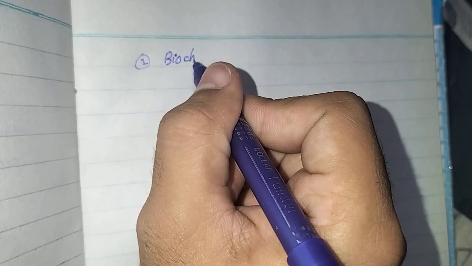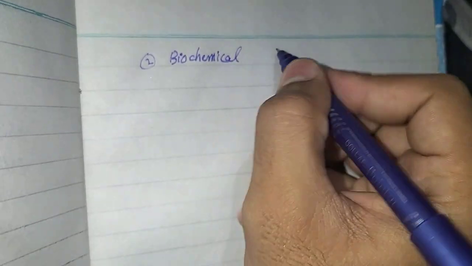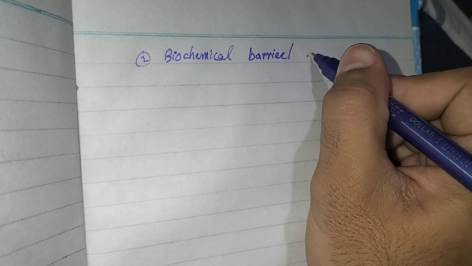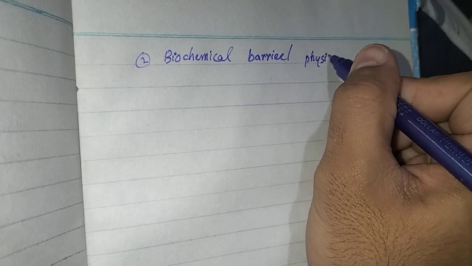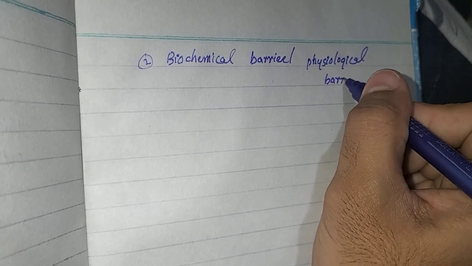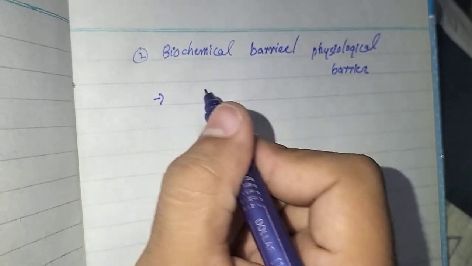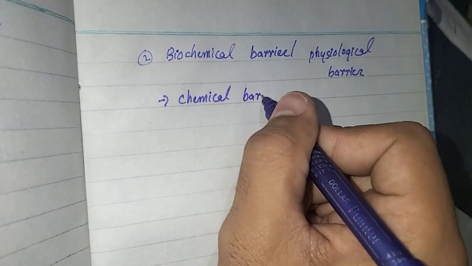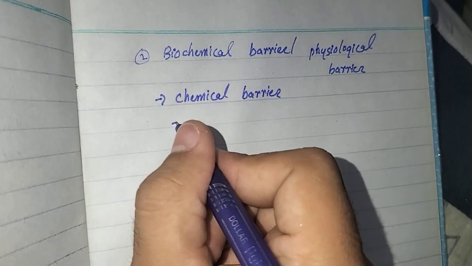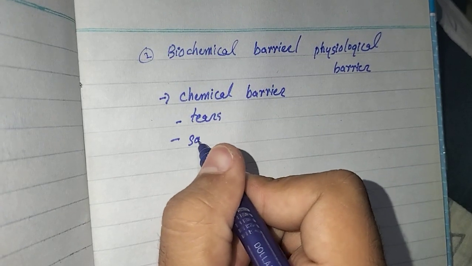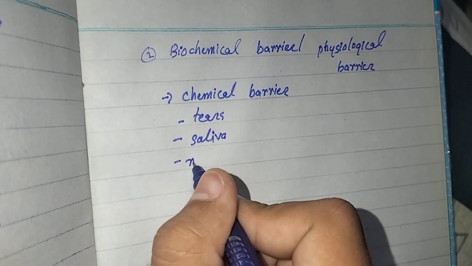The second barrier we have is the biochemical barrier, also called the physiological or chemical barrier. This includes tears, saliva, and mucus.